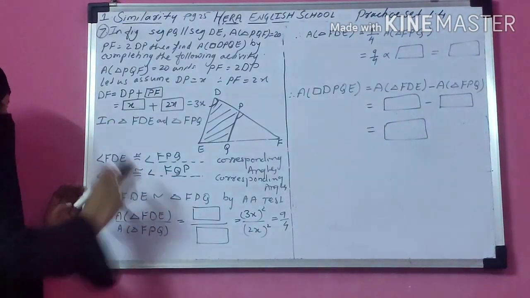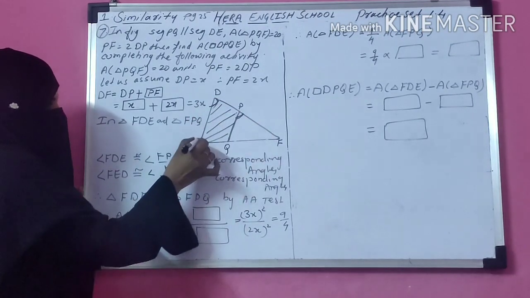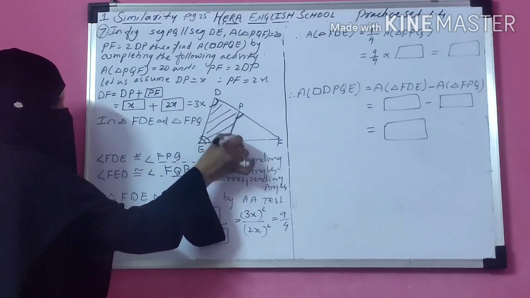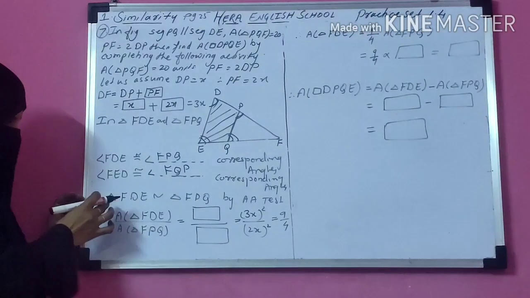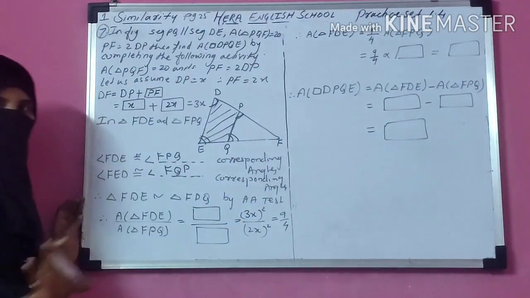Got it? These are the corresponding angles. So angle D corresponds to angle P, and angle E corresponds to angle Q. So by the AA test, these two triangles are similar.